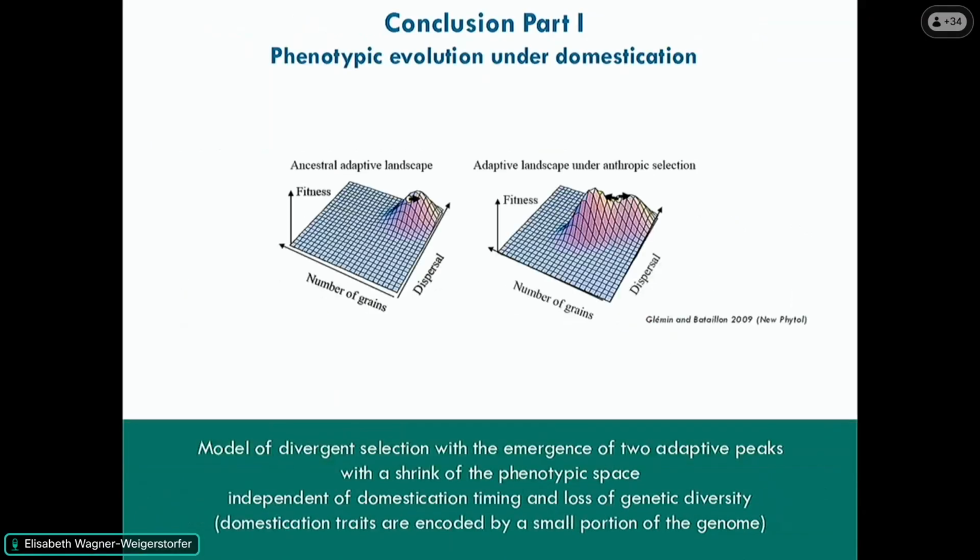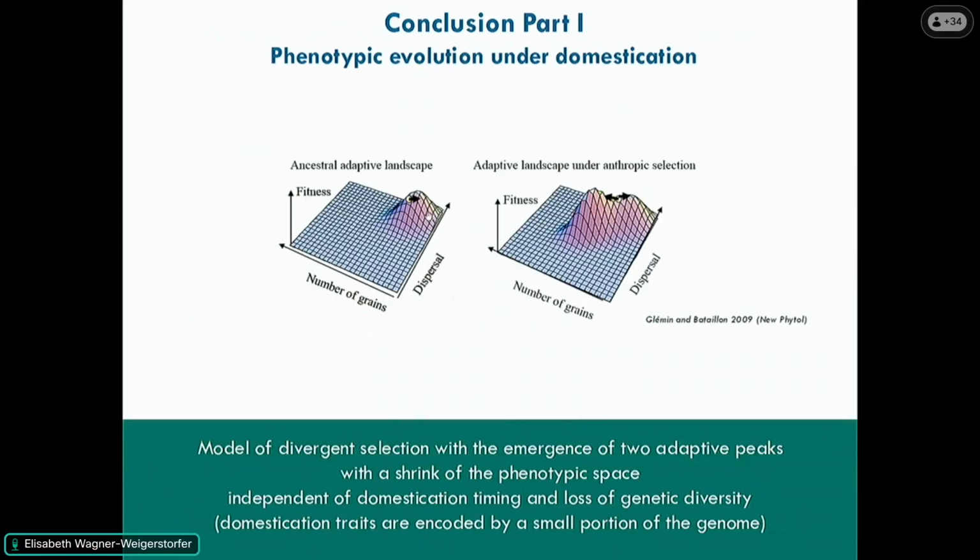So the conclusion of this first part, about the phenotypic evolution under domestication, is that it looks a little bit like the scheme that was proposed by Glémin and Bataillon in 2009. Here you have the ancestral adaptive landscape of the wild form. This is a fitness landscape with two traits, dispersal and number of grains.